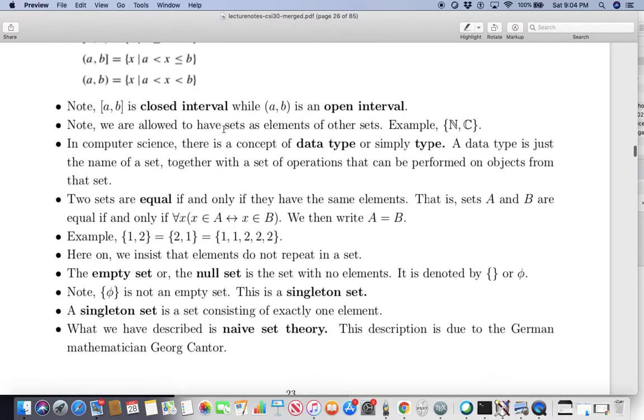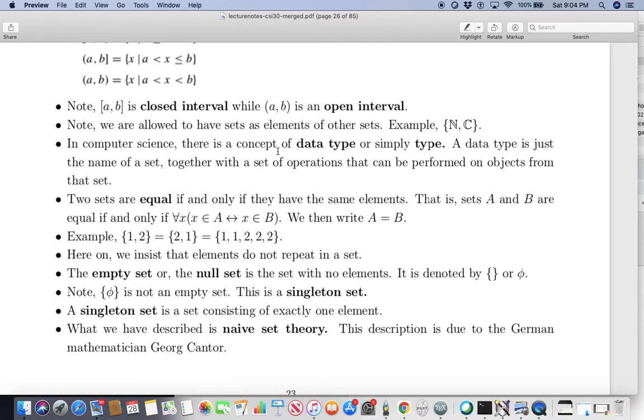Note, we are allowed to have sets as elements of other sets. For example, here is a set with two members. Each member is a set in turn. This is the set of natural numbers, this is the set of complex numbers. So the outer set, the set we are looking at, has only two elements. Each element is infinitely big.